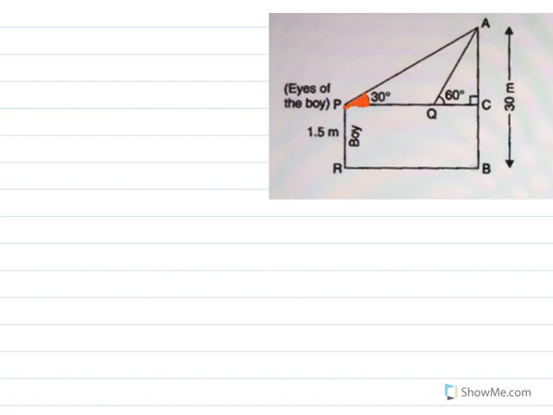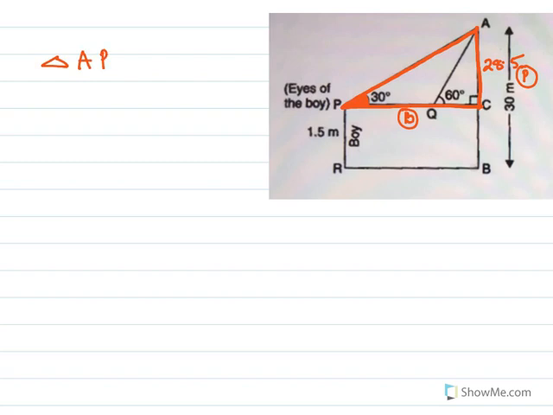Now which is the triangle with 30? It is this. Here is the triangle with 30. For this triangle we know this is 28.5, which is the perpendicular, not the base. And here of course is the base.